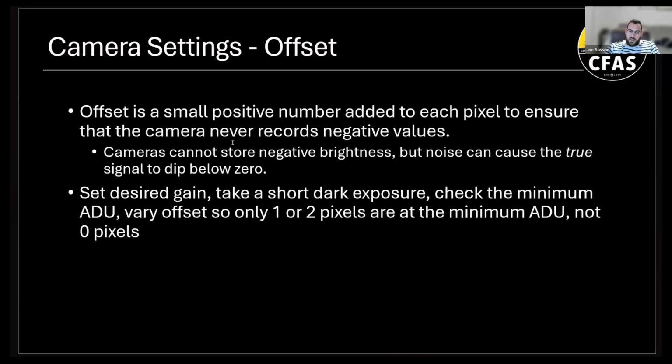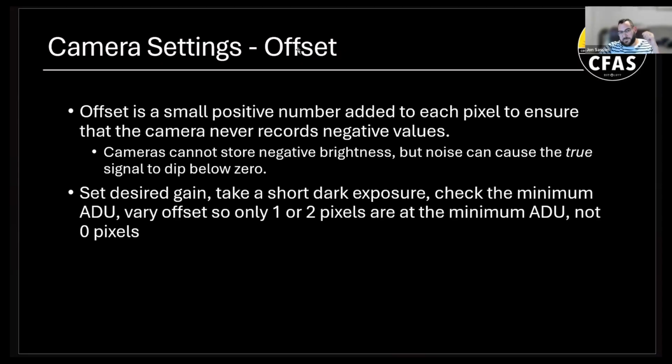You can't have negative brightness, but the noise that it's recording might cause the signal to dip. If that happens, the camera will just record 0. So you might be losing some range there. So you want to set your offset to make sure that even when this noise causes you to go below 0, you actually don't hit 0.